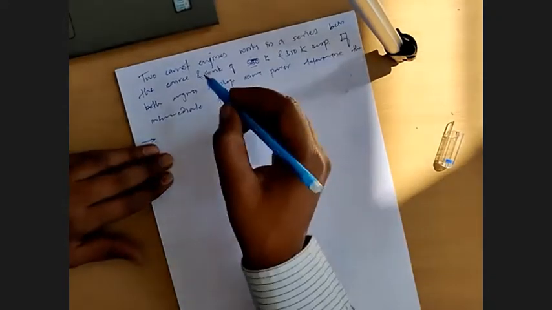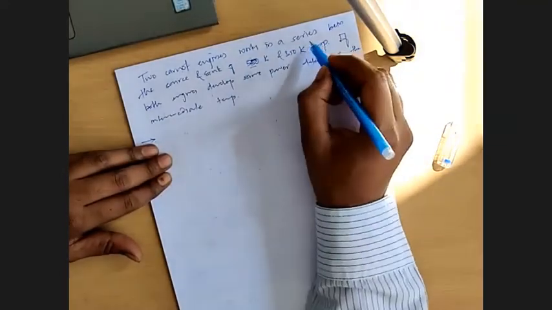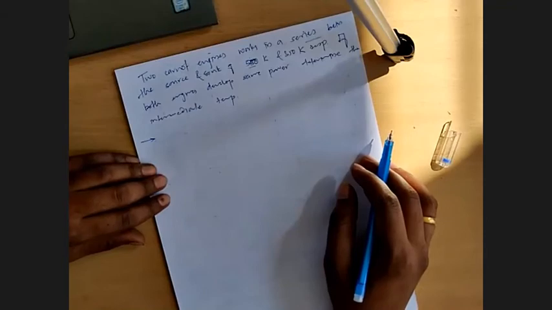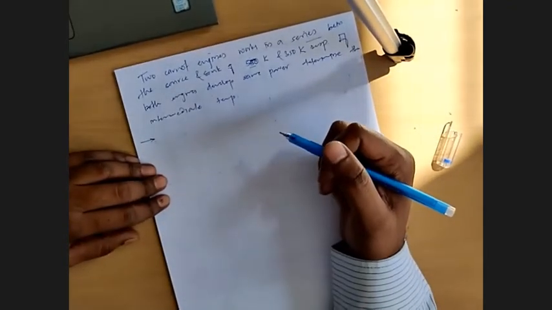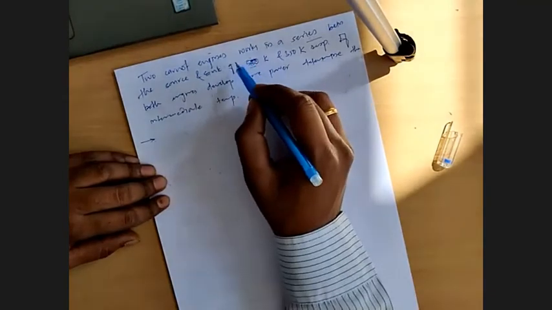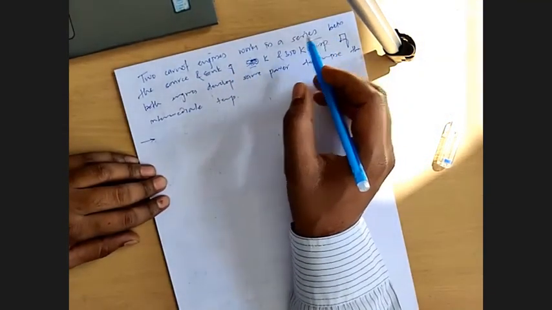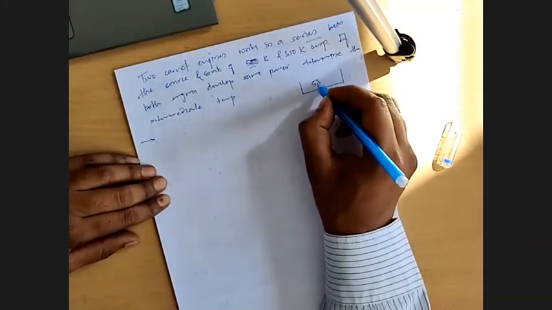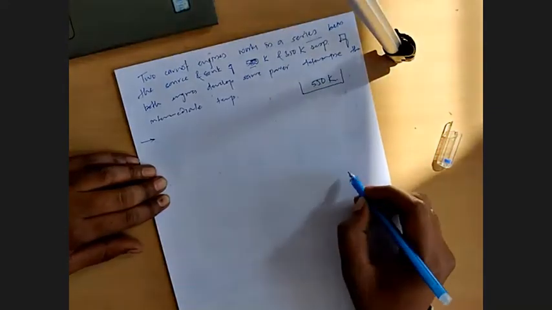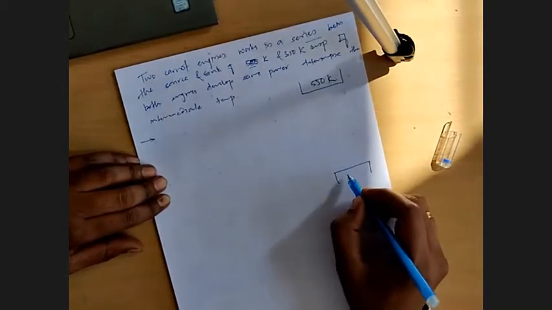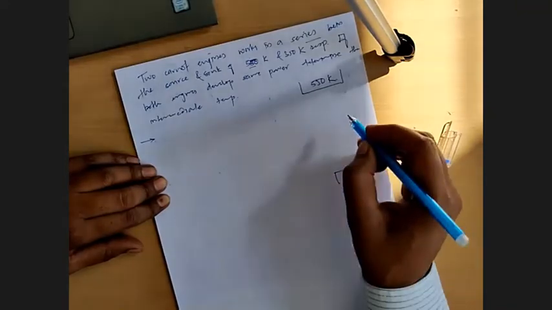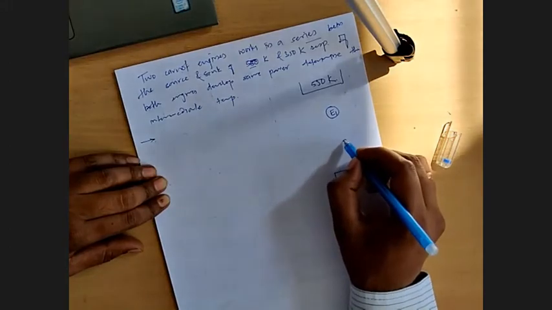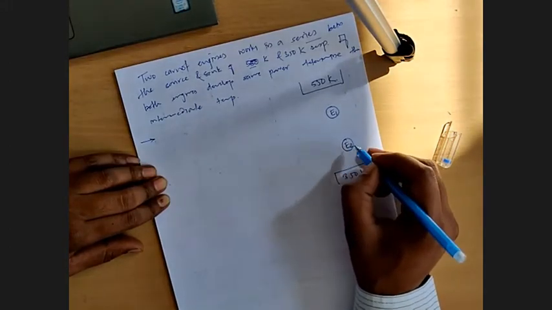So there are two Carnot engines working in series. This is quite a tricky question. So listen to this one carefully. There are two Carnot engines working in a series between source and sink. So there is one source at 550 Kelvin. There is one sink at 350 Kelvin. And there is engine 1. There is engine 2.